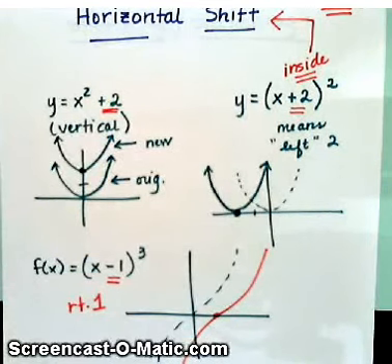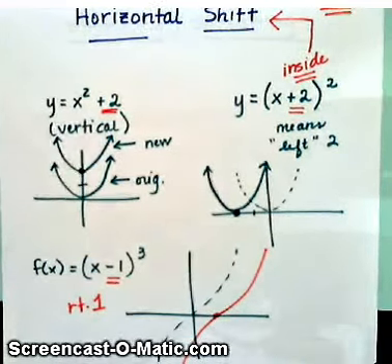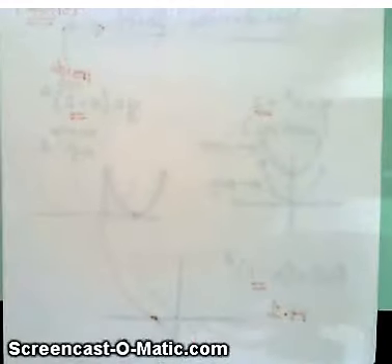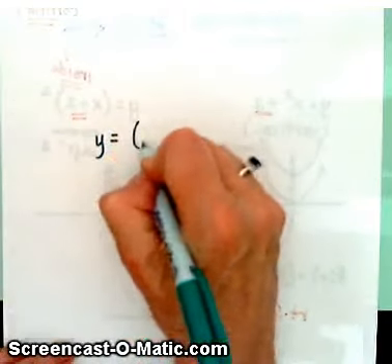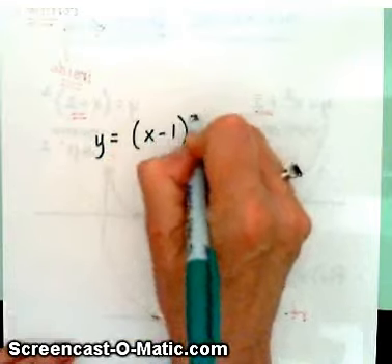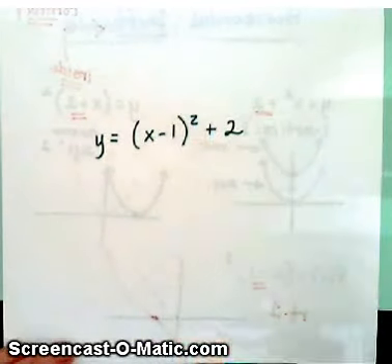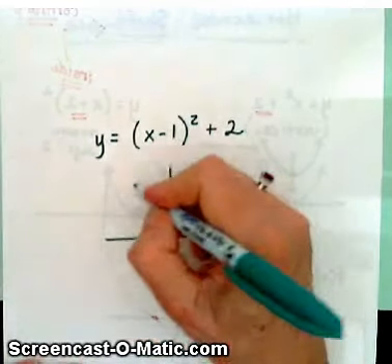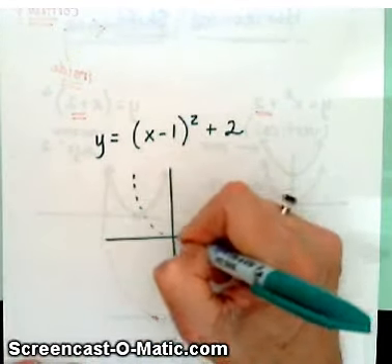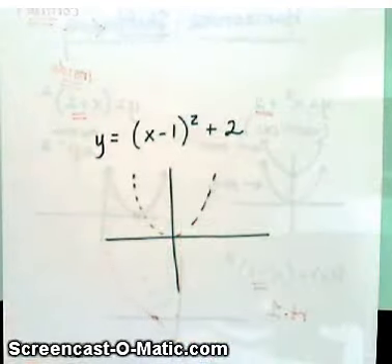That is horizontal shift. And of course, you can combine the two. Let me draw you one more. Let's do y is equal to x minus 1, the quantity squared, plus 2. If that looks like a parabola, it is. And so what we've got is, here's the original, y equals x squared. Okay, now look what it says.